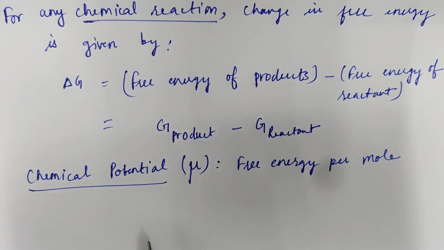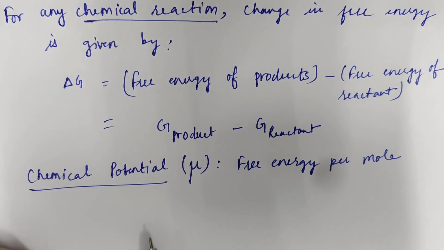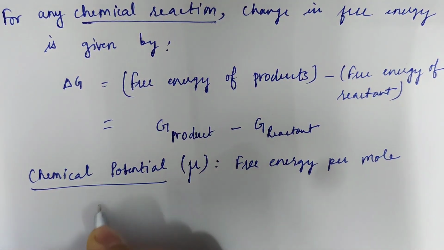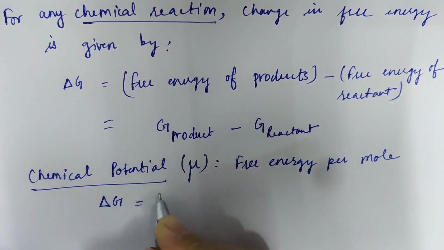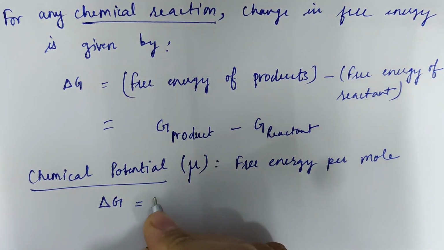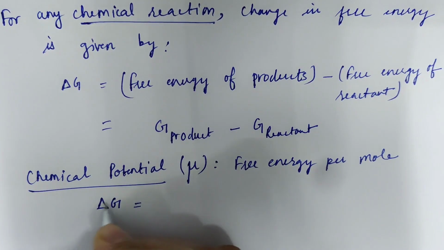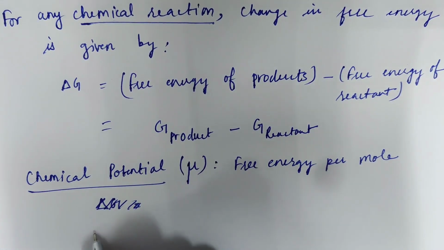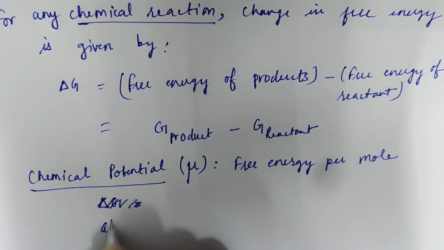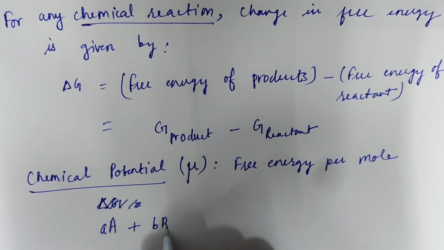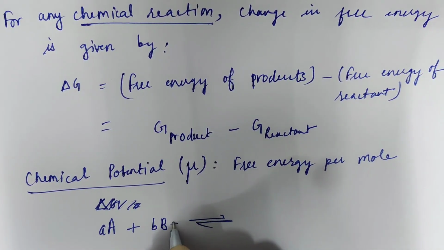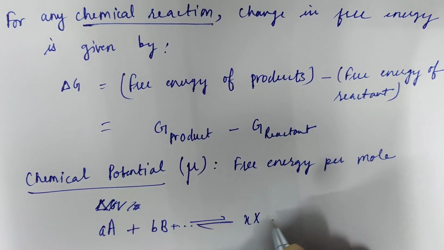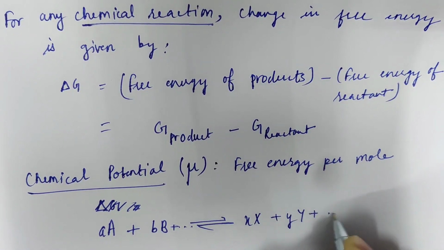So if we have to write our change in Gibbs free energy in terms of chemical potential, we will write it using the number of moles of each particular product. Let's say we have a general reaction, A plus B plus so on giving X plus Y plus so on.